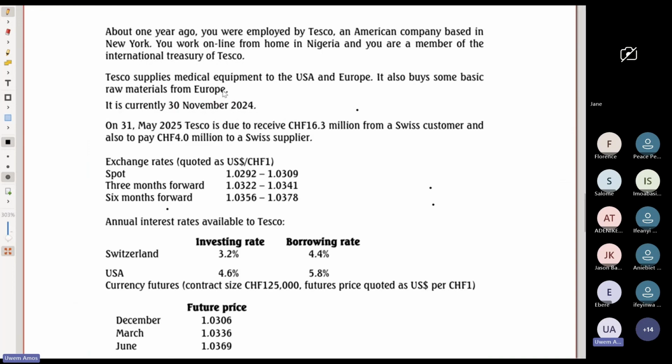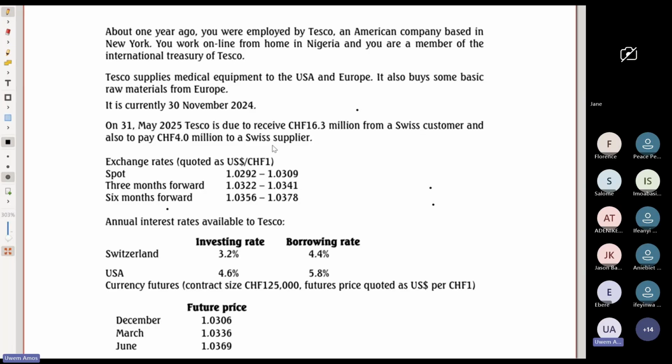It says right here, in May 2025, Tesco is due to receive 16.3 million Swiss francs and also to pay 4.30 million to a Swiss supplier. Like we explained, the logical thing to do is, I'm expecting 16.3, I need to pay 4.0. So what will you do first?